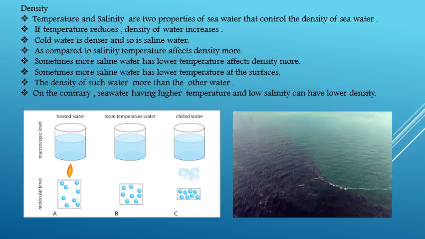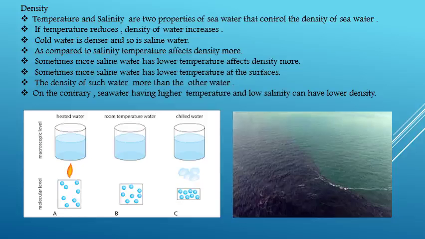To prove this, we have an example down, children. Just see this experiment. First one is the hot water, where you can see the flame down and the water molecules, which are given in the form of blue bubbles. Where the water is hot, the water molecules are away from each other. In the second case, room temperature water has been shown.